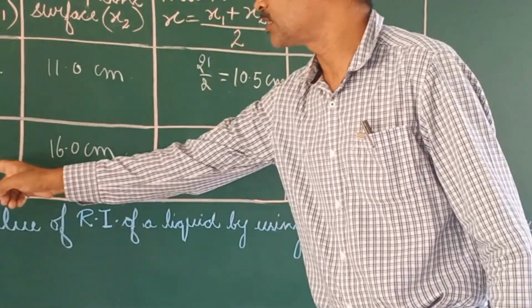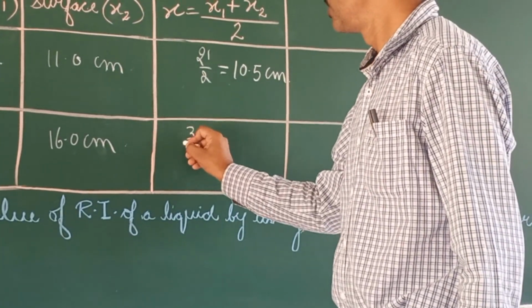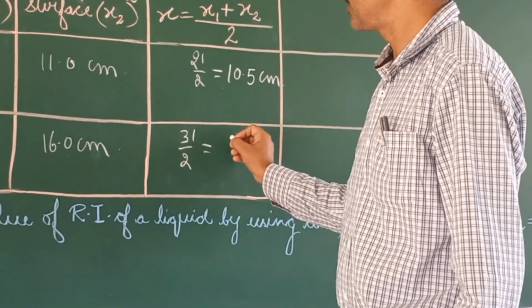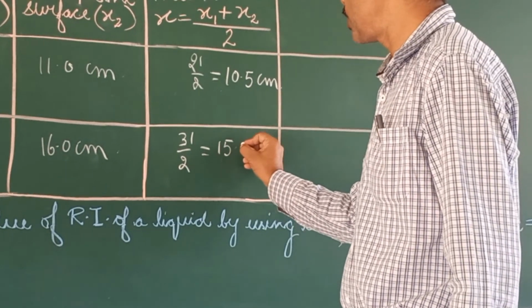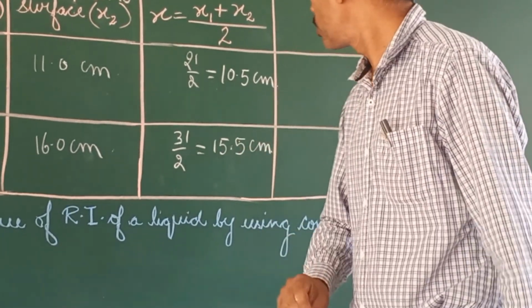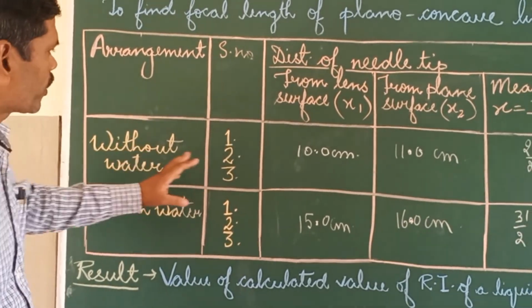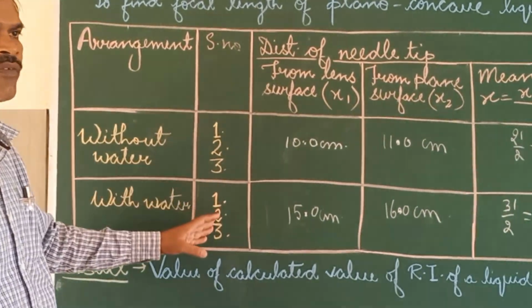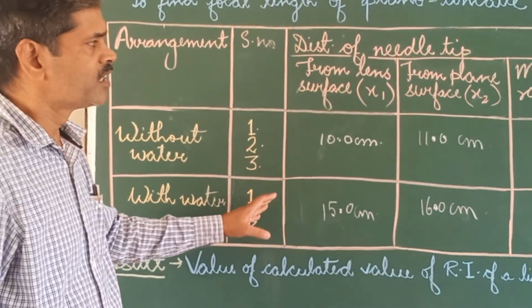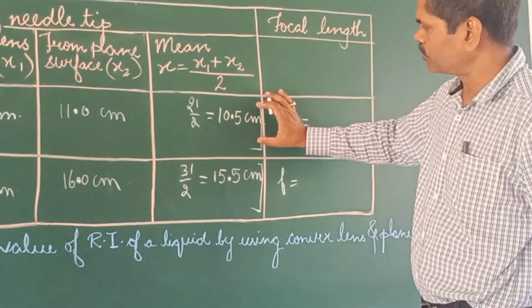Similarly, the second is 15 plus 16. This is 31 by 2, and it is 15.5 centimeter. Similarly, you can take other two observations for both the cases, then take the mean of the observations.